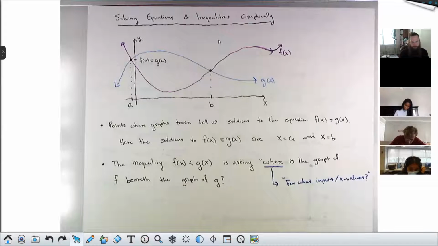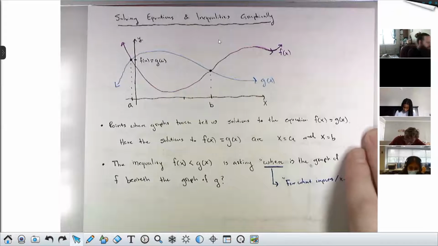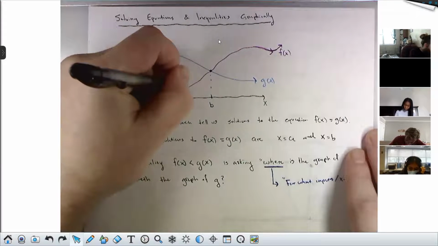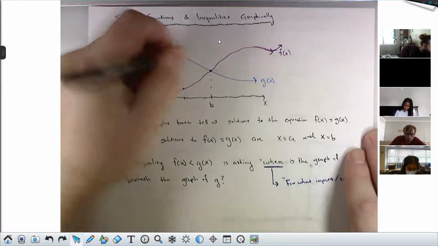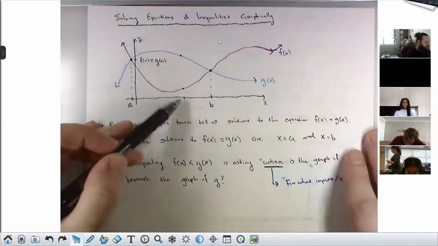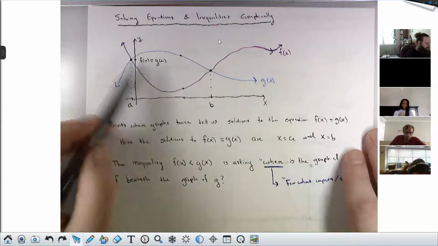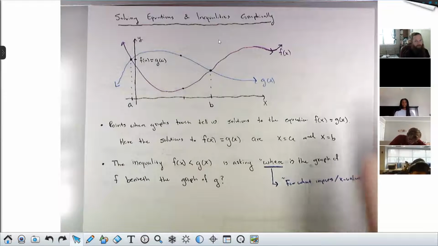So for what inputs or x values is the graph of f beneath the graph of g? You look one at a time. Here's an x value, I'm not even going to label it, but at that x value, the graph of f is beneath the graph of g. So this x value, whatever it is, would be a part of that solution, because the purple graph is underneath the blue graph at that x value.